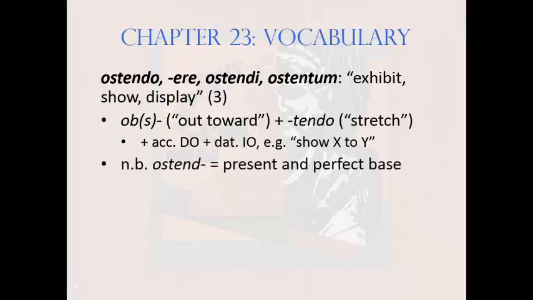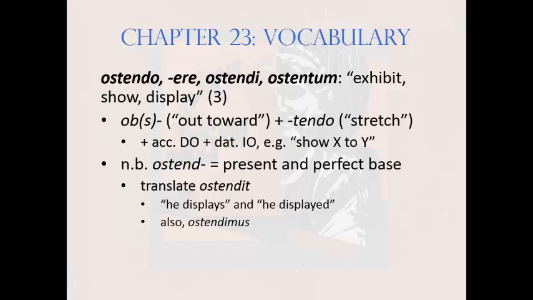It's a compound of the prefix ob or obs, meaning out toward, plus the verb tendo, which means stretch. If you stretch something out toward someone, you're showing or displaying it. Thus, this verb takes both an accusative direct object, something, and a dative indirect object, someone or to someone. Another thing to note about this verb is that the present and perfect bases are the same, which in certain forms can cause confusion. To wit, translate ostendit. It's either he displays, or he displayed, or has displayed. The same holds true for ostendimus, we display, or we displayed, have displayed.